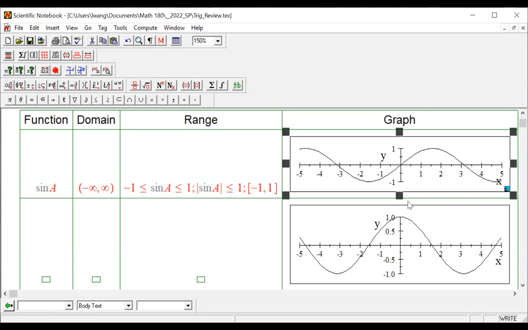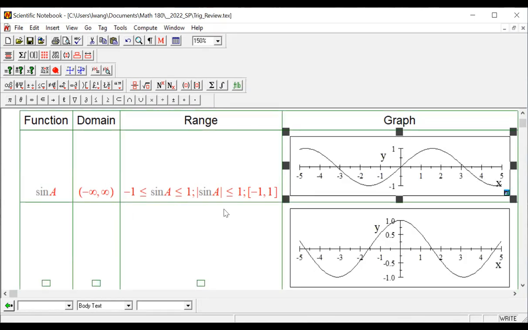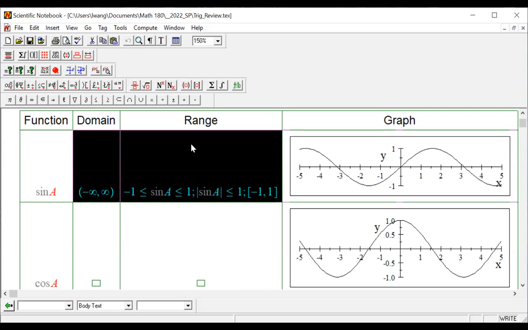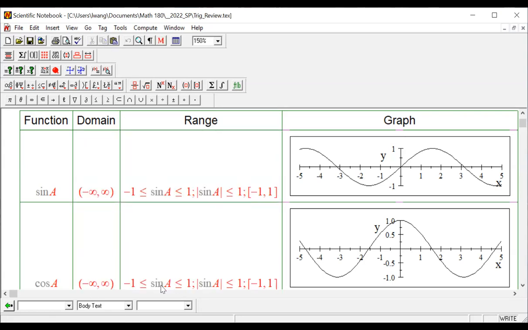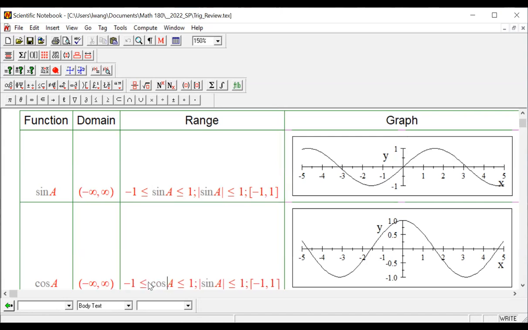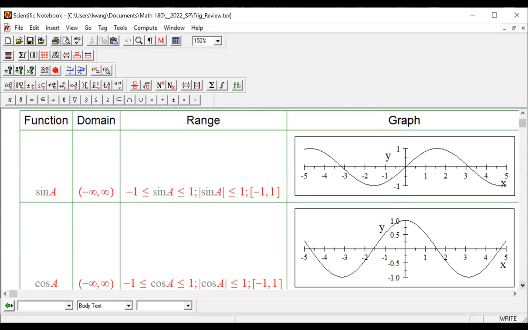We're really not asking you to tell 1,000 words about a picture, but you need to be able to tell this information, right? And for cosine, everything is actually the same as for sine. That's the domain and range perspective.